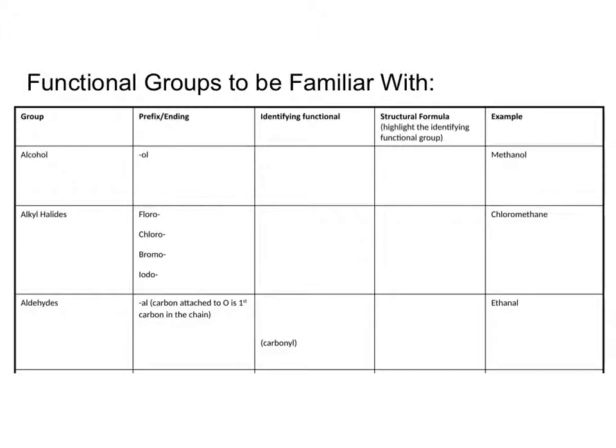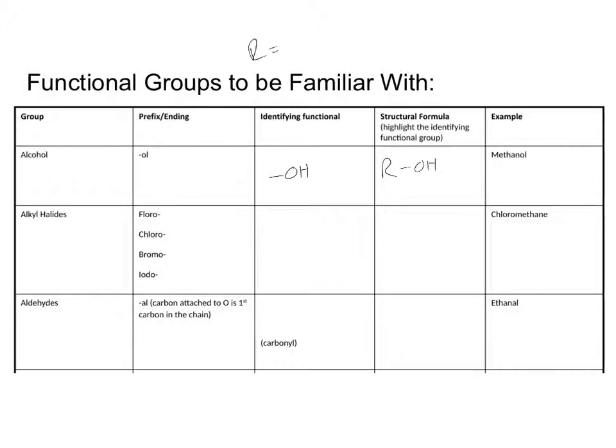So the first functional group that we have to talk about is a group called the alcohol. The alcohol, by name, ends with OL, and its identifying functional characteristic is the OH. Its generic form or structural formula would be something like ROH. Now, I have to define this for a second.